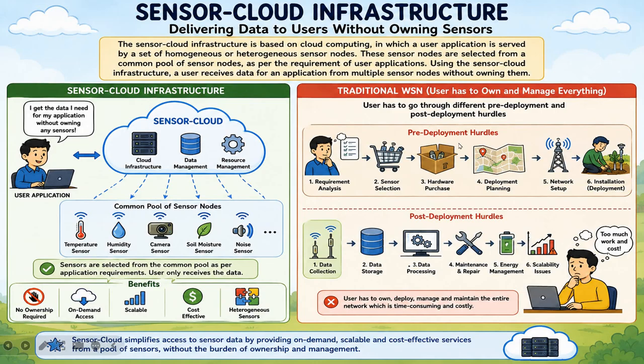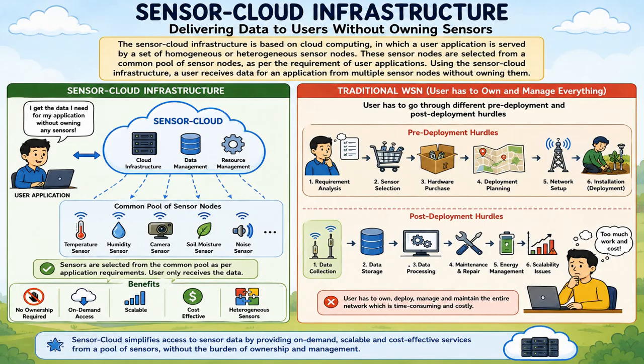The pre-deployment activities include the requirement analysis, then sensor selection, hardware purchase, deployment planning, network setup, and installation or the deployment. Then comes the post deployment, that is the after deployment. The user is responsible for the data collection, data storage, then data processing, maintenance and repair, energy management, scalability issues.